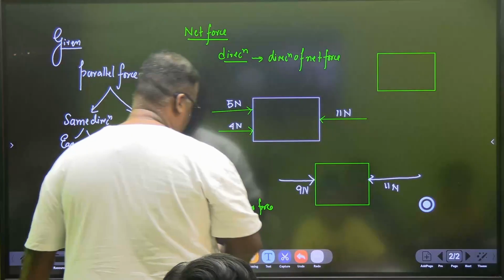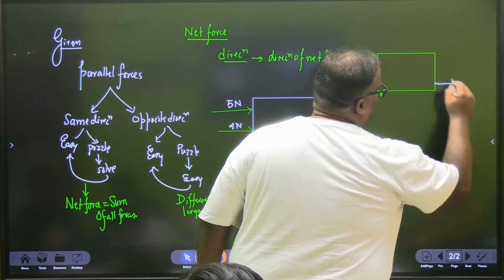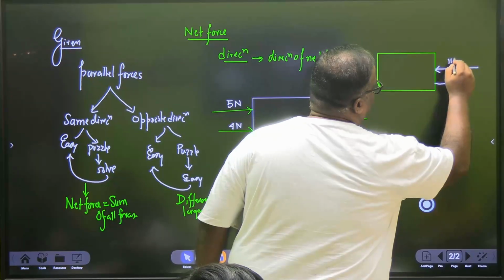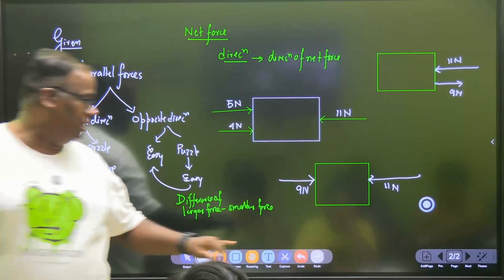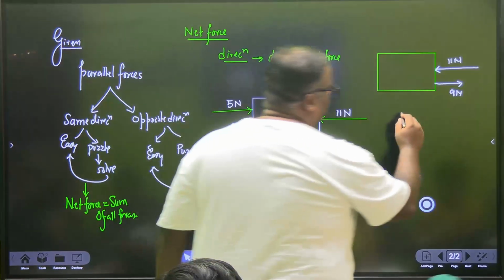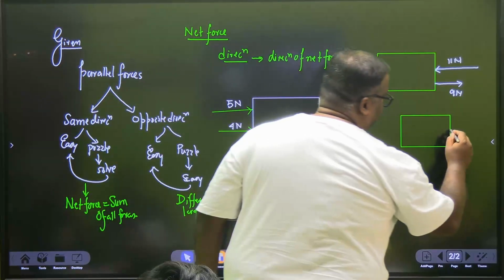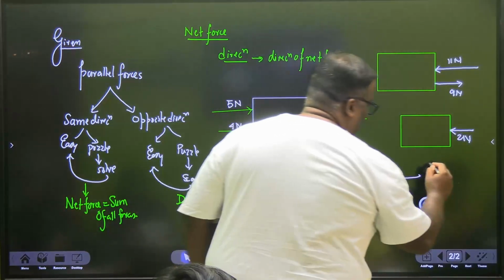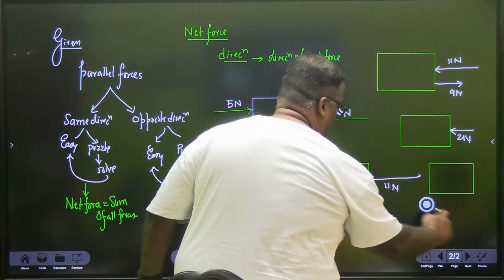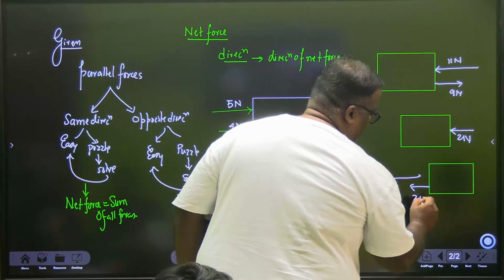I can bring the 9 Newton on this side and the 11 Newton on this side. Now who is bigger? 11 is bigger. 11 minus 9 is 2 Newton. So what is the final impact on the body? The final impact on the body is a force of 2 Newton on this side. Or else, if you also draw this, then also you are absolutely correct that the final impact is 2 Newton on this side.